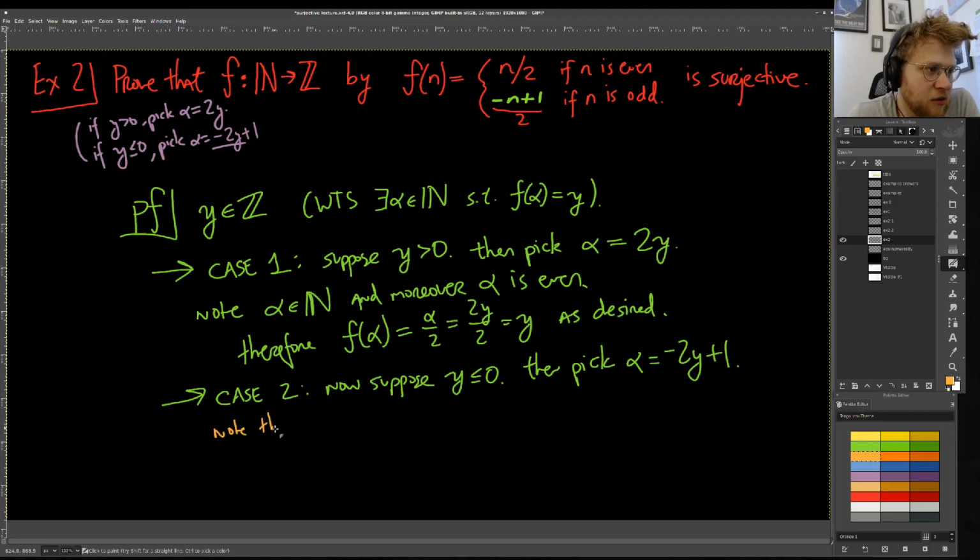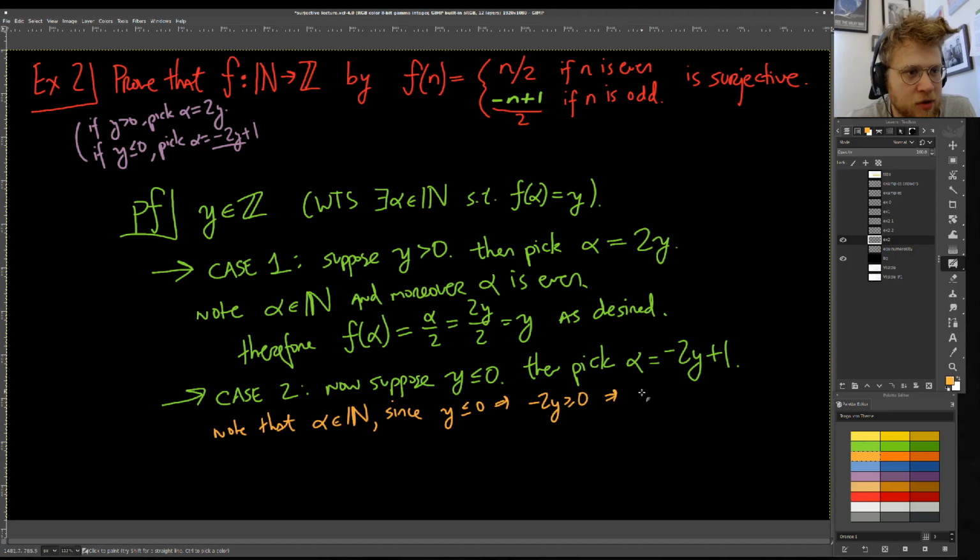So you can say, note that alpha is in fact part of the domain, since y less than or equal to 0 implies negative 2y is greater than or equal to 0, which implies negative 2y plus 1 is greater than or equal to 1.